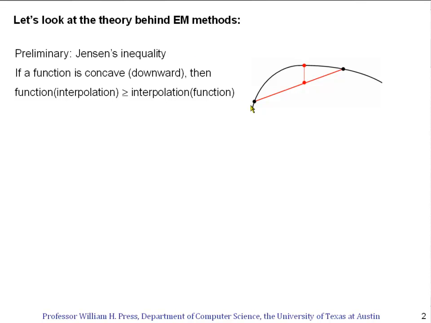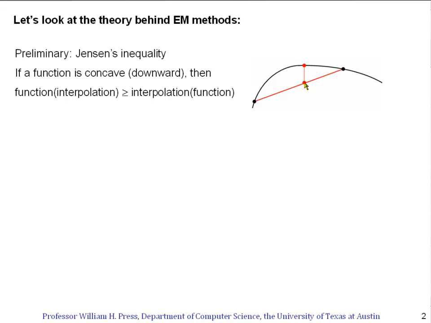It says that if you have a function which is concave downward, such as the black function I'm showing here, and you interpolate its values between any two points that lie on the function, for example, this one and this one. So an interpolation would be any point along the red line here, linearly connecting them, and the interpolated function value would be here.